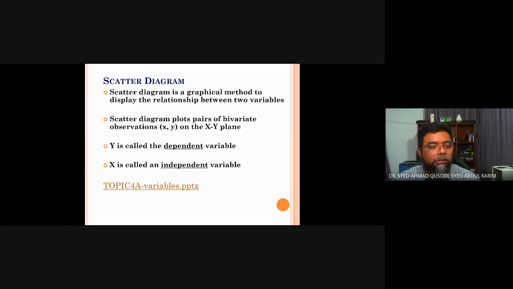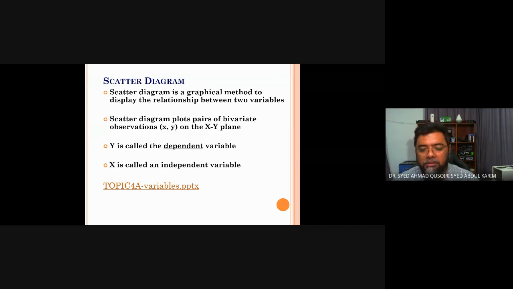So in order for us to present this association visually, we would employ the use of a scatter plot, or the scatter diagram. It's a graphical method to display the relationship between two variables.